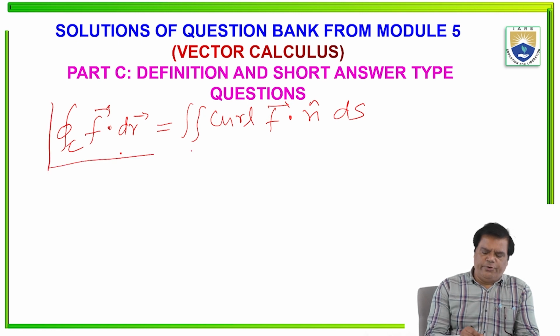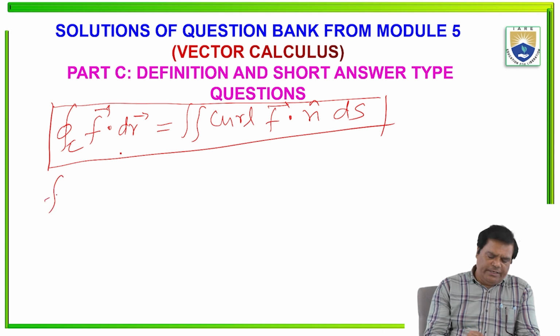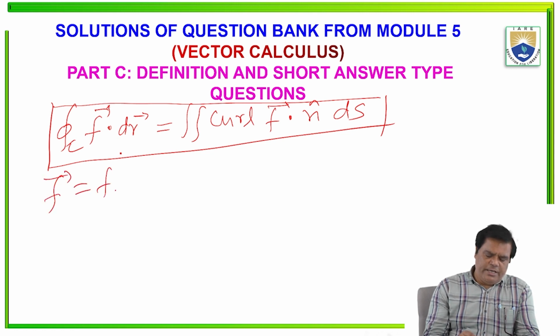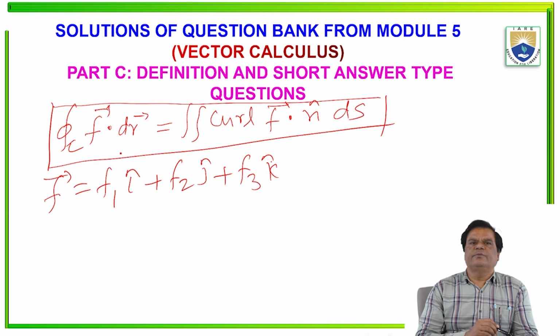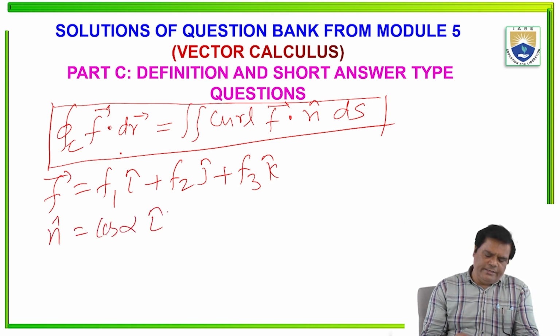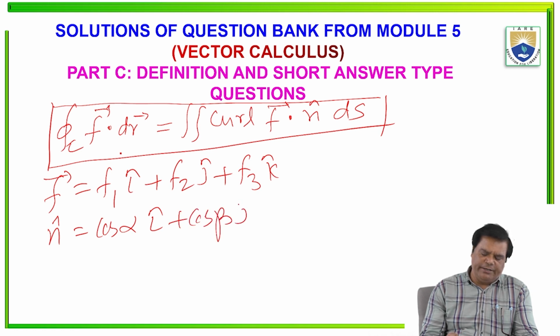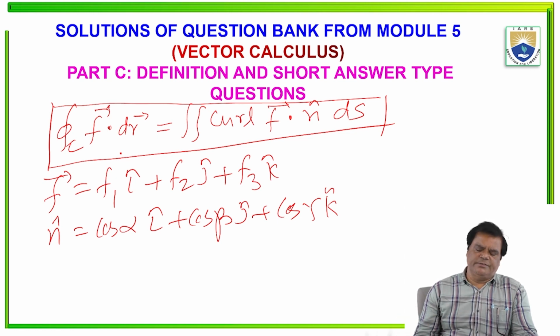Formula of Stokes theorem, where vector f is f1 i cap plus f2 j cap plus f3 k cap, and n vector is cos alpha i plus cos beta j plus cos gamma k. Okay, this is n vector. n is the unit normal vector which is perpendicular to the surface.